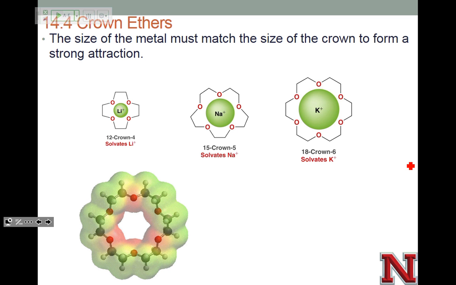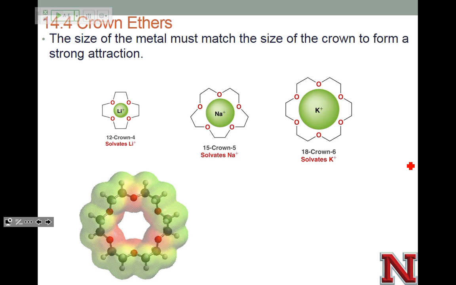So 12 crown 4, being our smallest crown ether, interacts the best with our smallest counterion, lithium. 15 crown 5, which is our middle ether, works the best with sodium, which is our middle counterion. And then 18 crown 6, which is our biggest one that we're really going to talk about, works the best with our biggest common counterion that we use in organic chemistry.